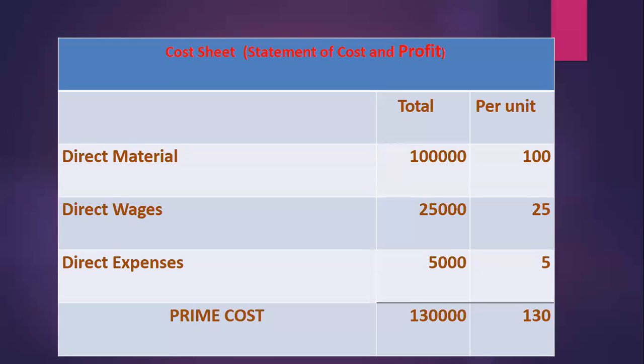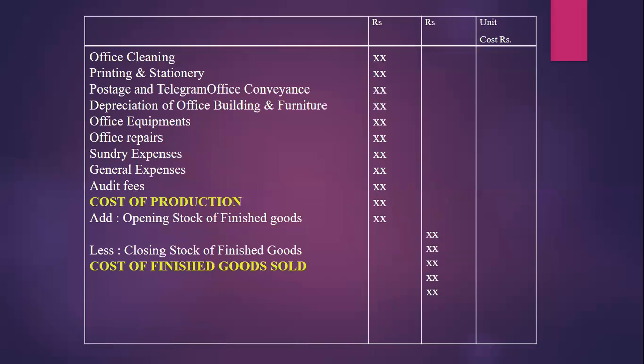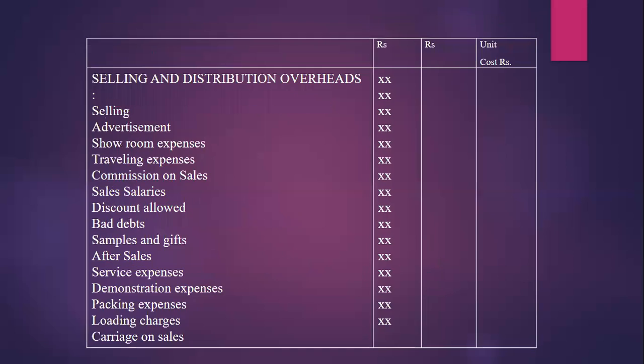WIP is incomplete goods, and finished goods are completed goods. Before adding, it is called cost of production, and after adding, it is called cost of finished goods sold.